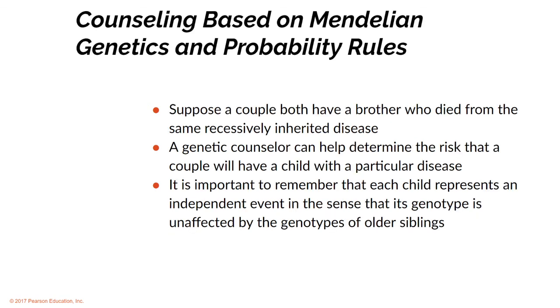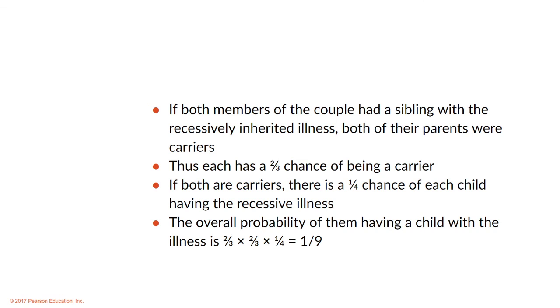So with this example, we're looking at a couple both having a sibling who died of a recessively inherited disease. So they can make guesses, based on both of the parents' pedigrees, what chance they have of being a carrier, and in fact, even better, we could look at the genetics most likely of a recessively inherited disease and figure out whether or not they are a carrier.